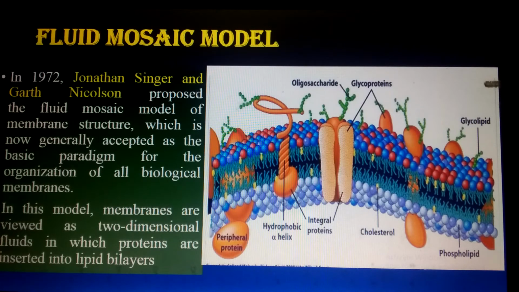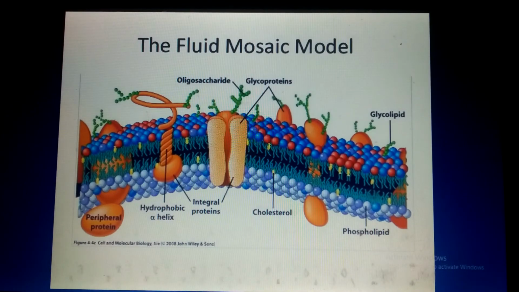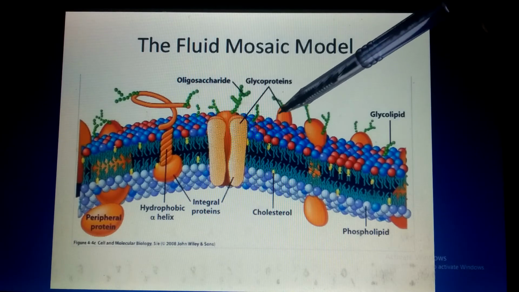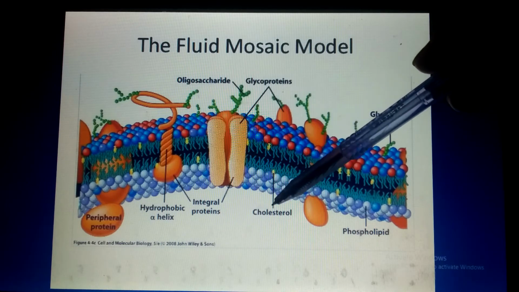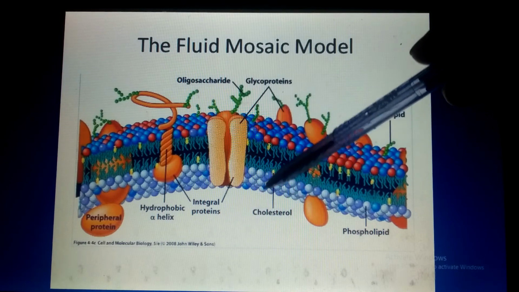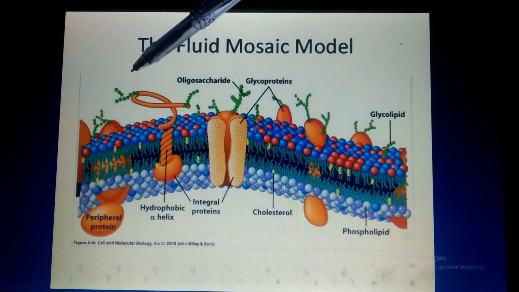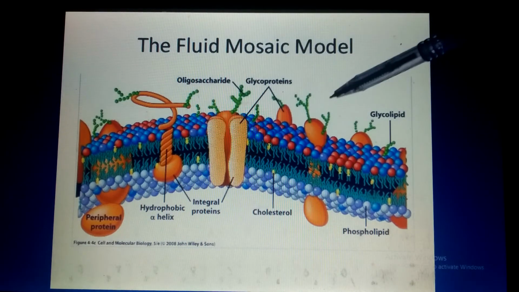Okay, now here you can see the clear figure of the fluid mosaic model in which the two layers of the lipids, which are known as the phospholipids, in which proteins are embedded, and you can see here the cholesterol and many oligosaccharide chains and many more, which I will discuss later on.